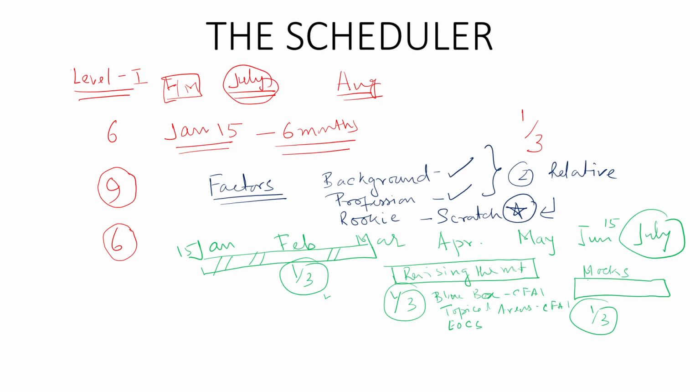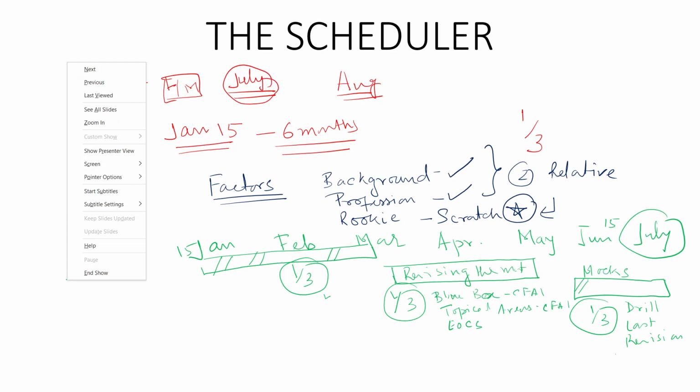So this would be reserved for your mocks, your drills, and your last minute revisions and clearing of any concepts that have proved to be an Achilles heel. So this is the rule of 1/3 which I followed, and I believe that it can work for you as well. Now, what is it that we need to look into?